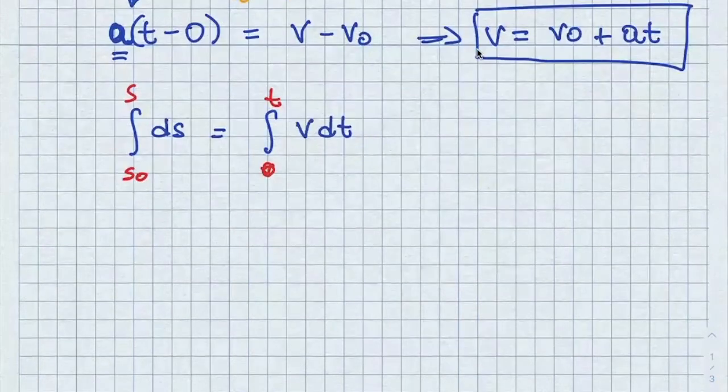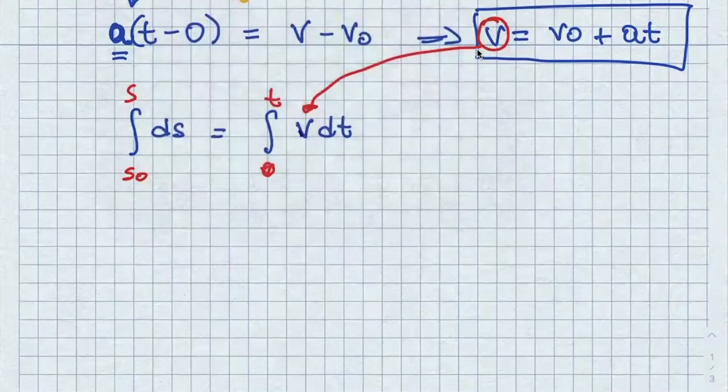Now here we have dt and also v, but we can't treat v as a constant and put it out of the integral. So what we need to do is plug in this v into this.